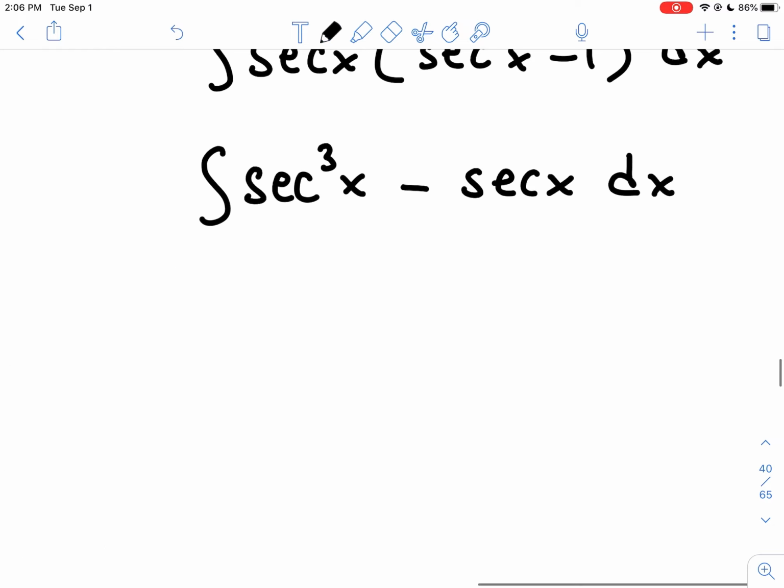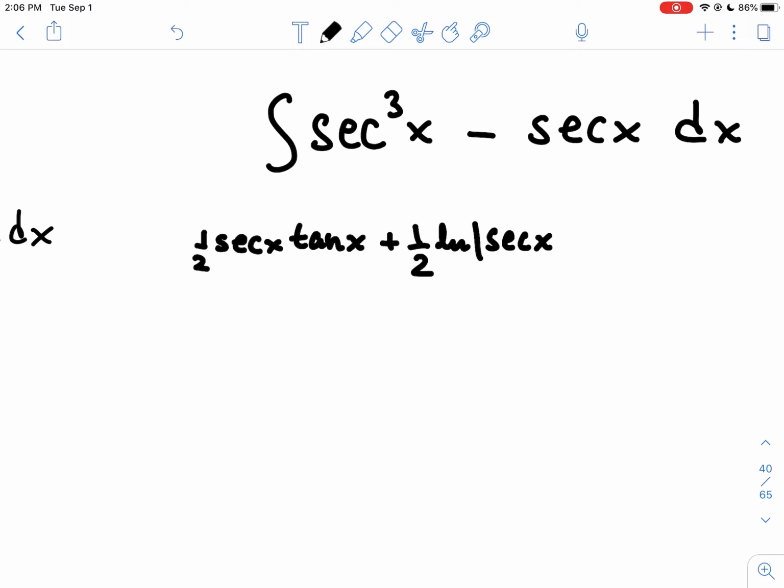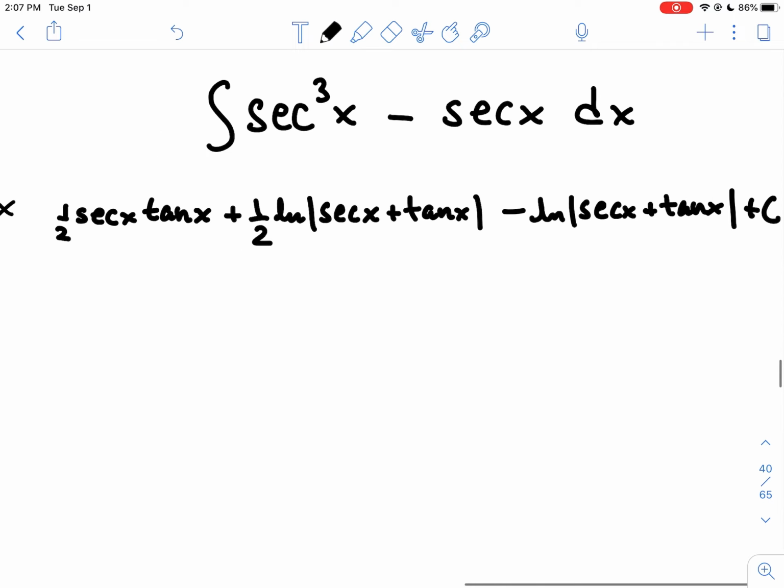We'd already learned how to integrate these. For secant cubed, the antiderivative was half of secant x tangent x, plus half of the antiderivative of secant, which is natural log absolute value of secant x plus tangent x. And then minus the antiderivative of secant, which is just natural log of secant x plus tangent x.